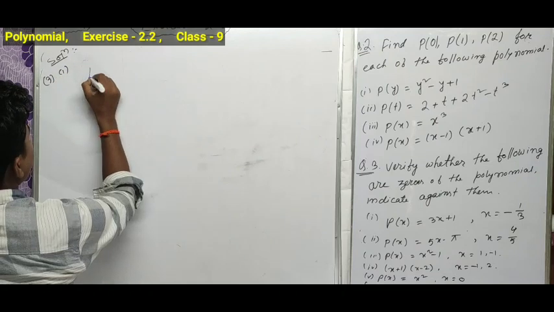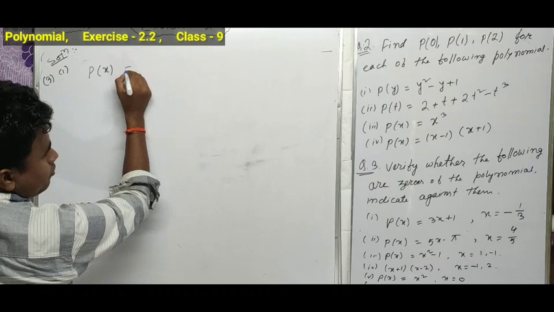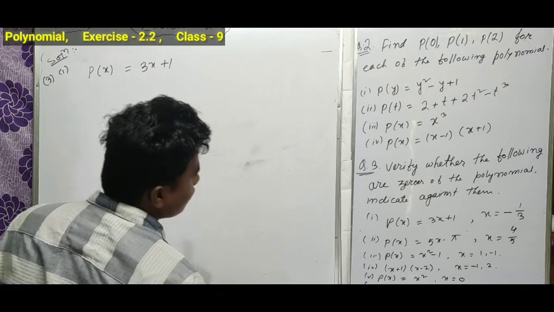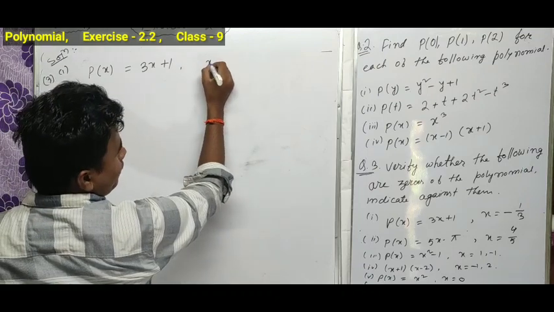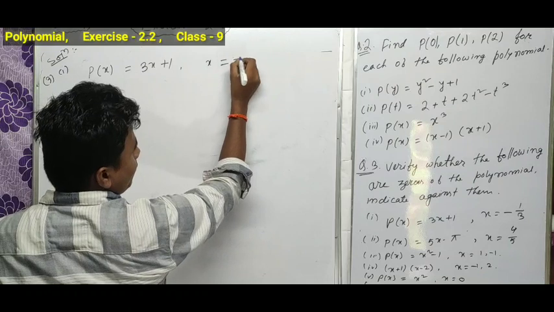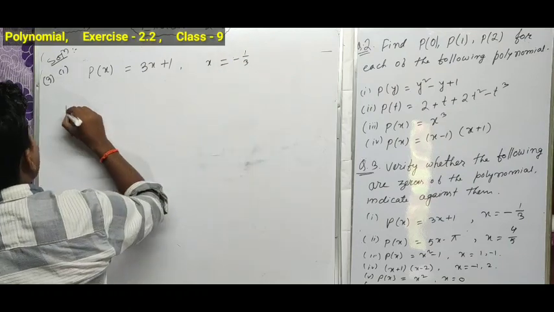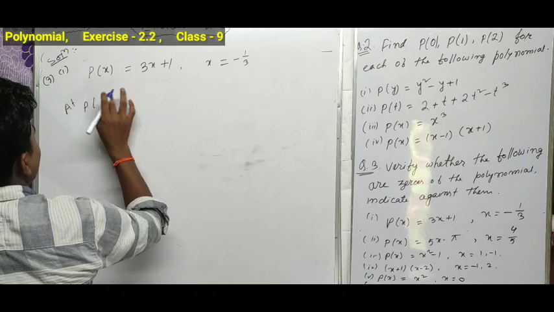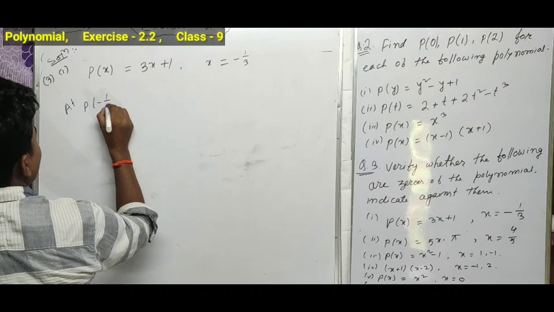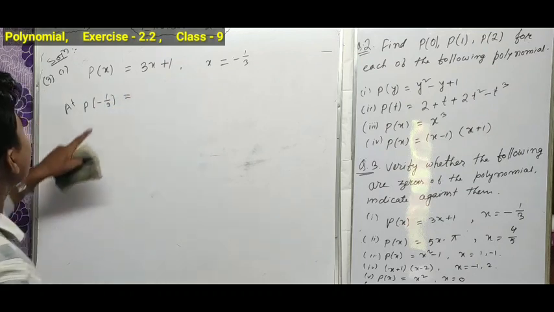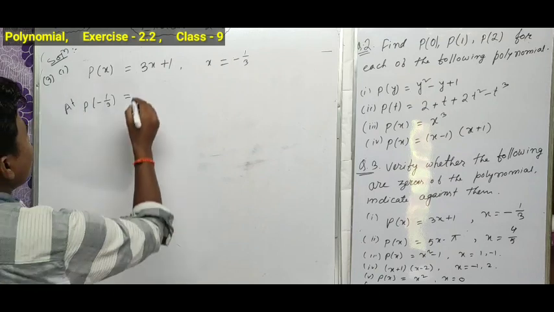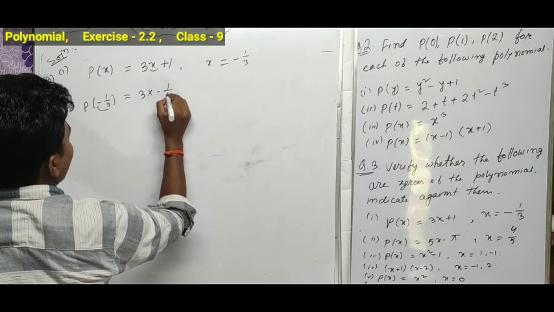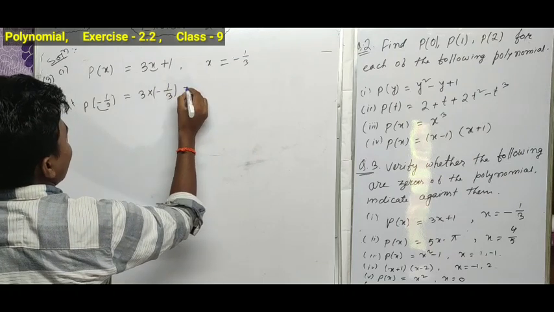What is the question? P(x) equal to 3x plus 1, x equal to minus 1 by 3. At minus 1 by 3, I directly put P(minus 1 by 3) equal to 3 into, in place of x, minus 1 by 3, and then plus 1 is there.